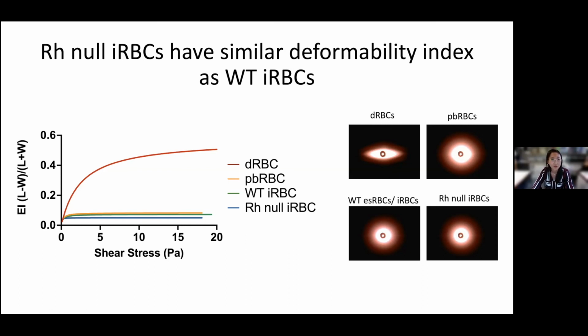So in our preliminary evaluation of the deformability, we saw that lacking the Rh protein doesn't seem to make the IRBCs more or less rigid. Even though this does have a caveat in that we're working with nucleated cells that are already fairly rigid, the difference in deformability between the wild type and the Rh null IRBC was not significant.